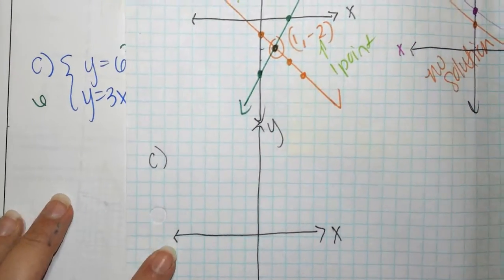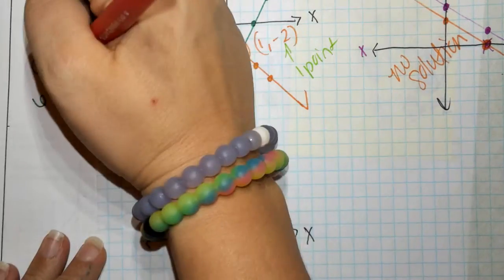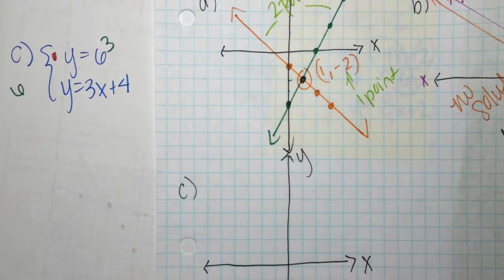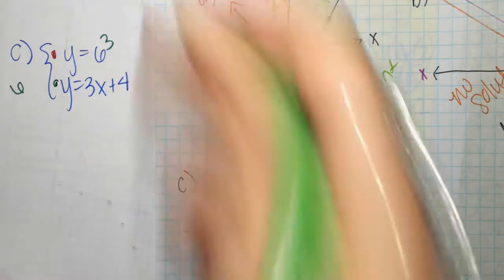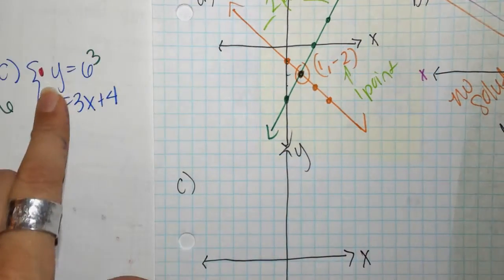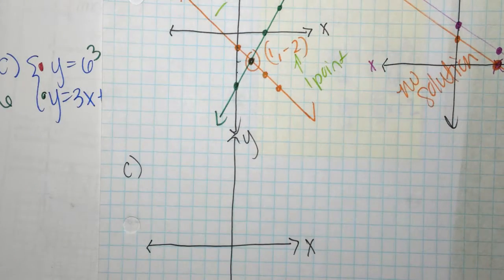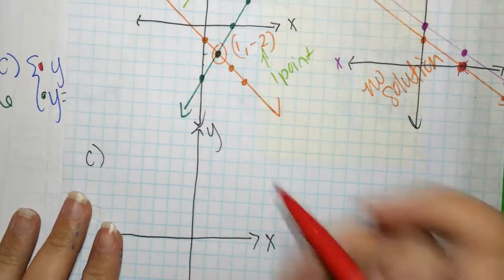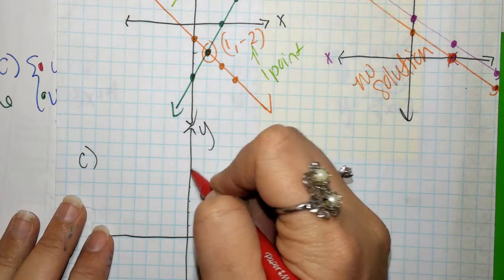Alright, so I'm going to graph this first one in red, and I'm going to graph the bottom one in green. Our first one is y equals 6. That means that it has to pass through which axis? The y. So you would just go up 1, 2, 3, 4, 5, 6.